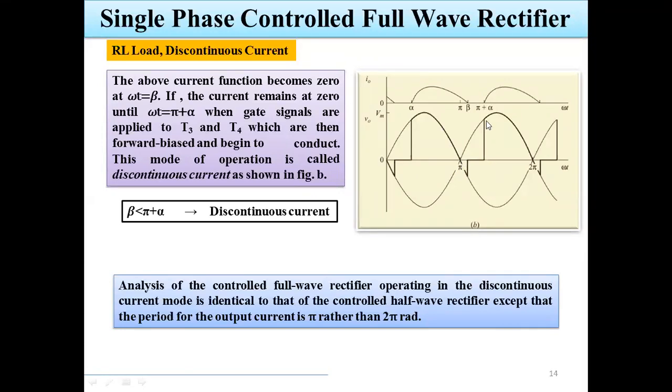Here T1, T2 will be turned on first, and next it is T3, T4. Here T3, T4 are switched on, that is, getting turned on, and the output voltage is given towards the load circuit.